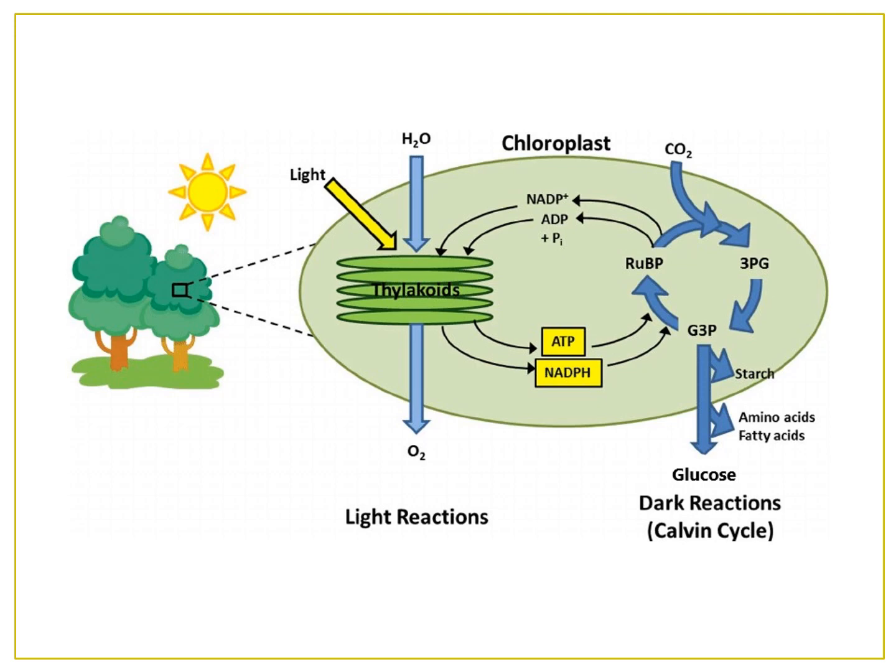As it turns out, 3PG can be converted into glucose, which is the sugar that we said earlier was made during photosynthesis. To summarize the Calvin cycle, we said that the inputs are carbon dioxide, which is a 1-carbon molecule. The other input is a 5-carbon molecule called ribulose 1,5-bisphosphate.